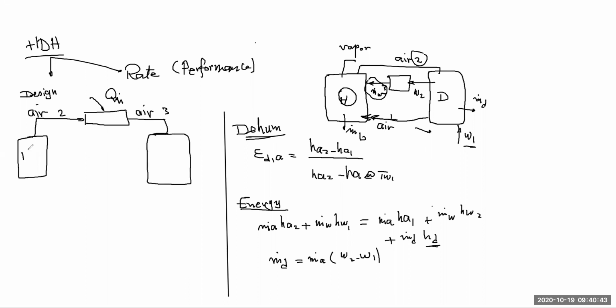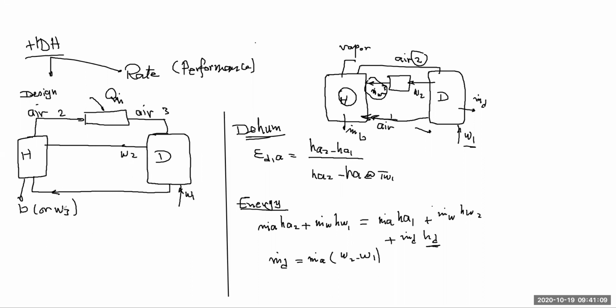And this is the humidifier. This is the dehumidifier. And then the air gets back here if I'm talking about a closed system. Water is going to enter here, water 1. Water 2 is going to enter here. And here we have the brine rejected, or water 3, if you want to call it this way.